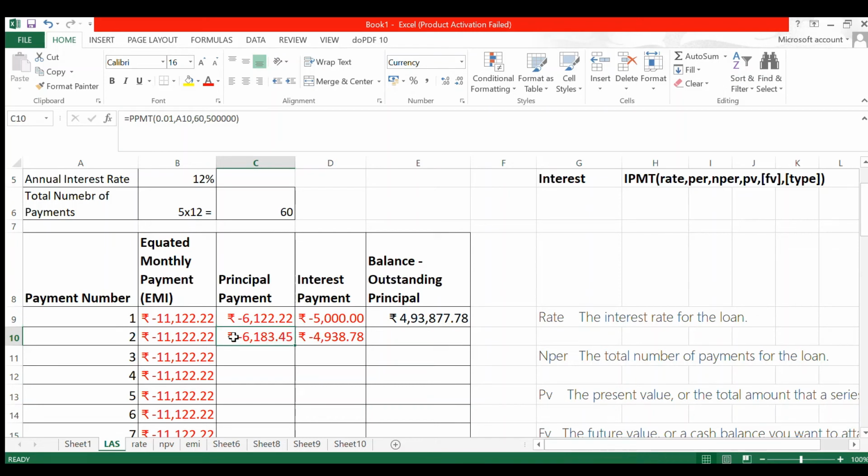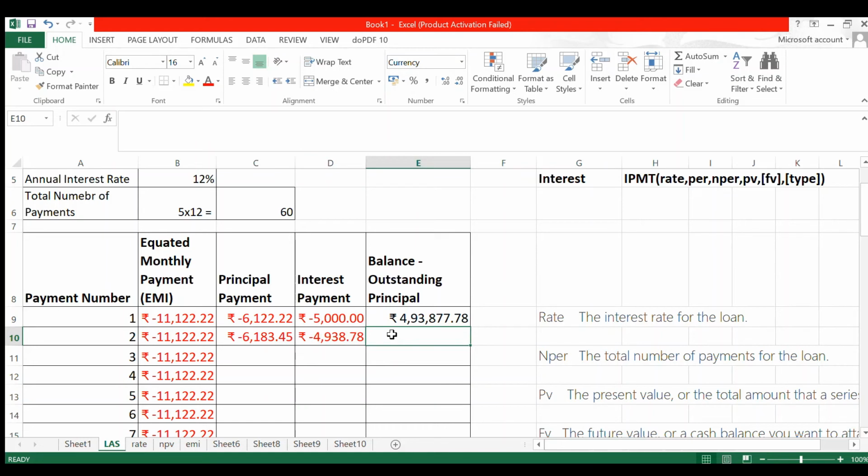So out of 11,122, 6,183 goes to principal payment, and the corresponding amount is decreased in the interest payment. If we consider both the payments, again they sum to the same EMI 11,122. You can see over here in the right corner.